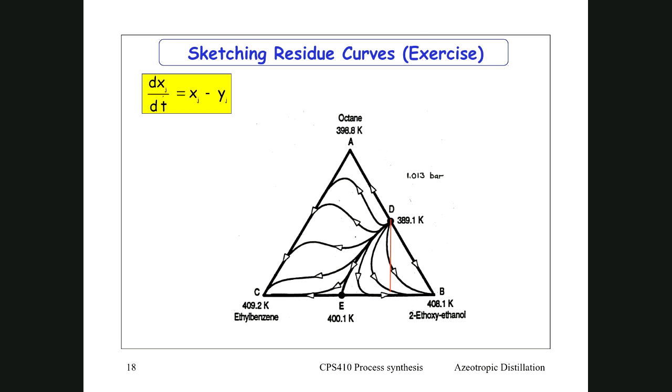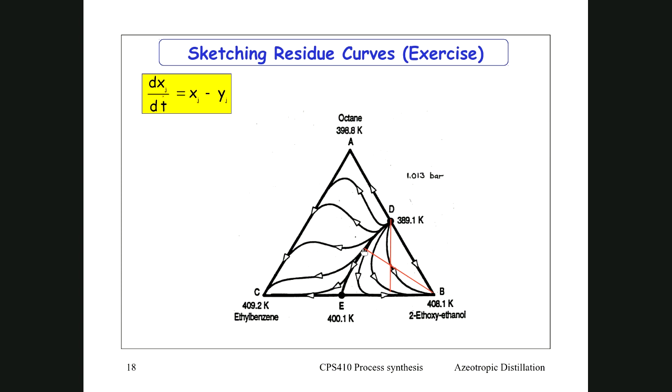Now we're going to draw a line from the stable node through the same feed, but the best we can do is to get to that boundary over there. We can't go beyond that boundary.